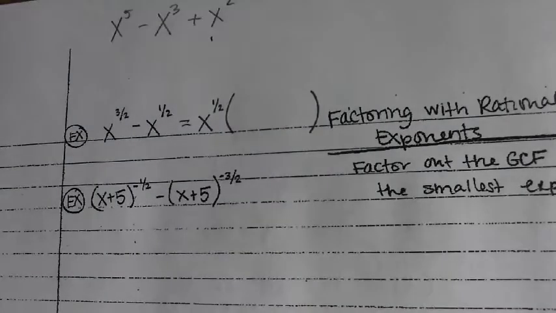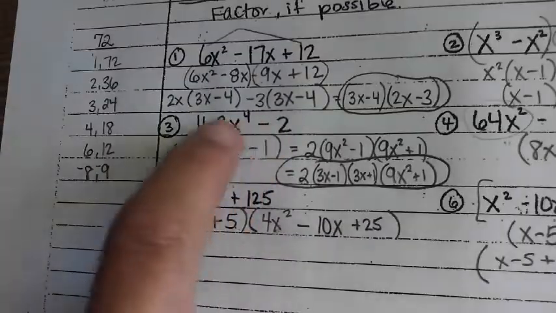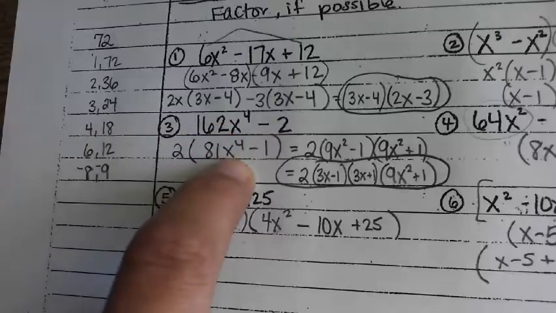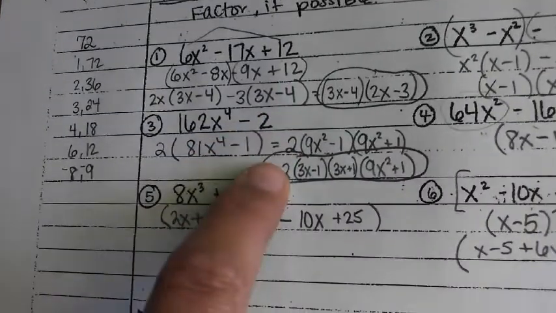And I know you do this a little bit more naturally when you're looking at familiar numbers and familiar exponent terms that have whole number exponents, but what you're technically doing always when you take out a GCF is you're dividing a 2 out of 162x to the 4th. You're dividing a 2 out of -2.